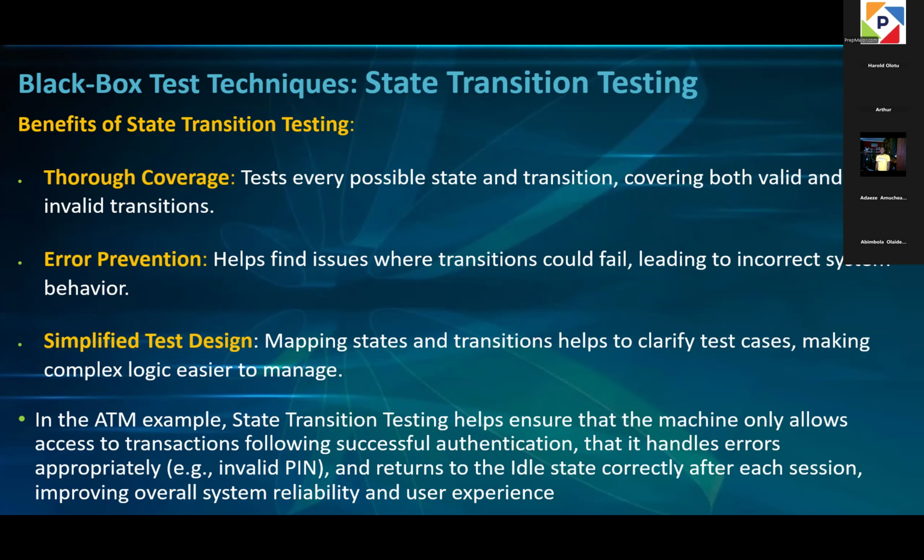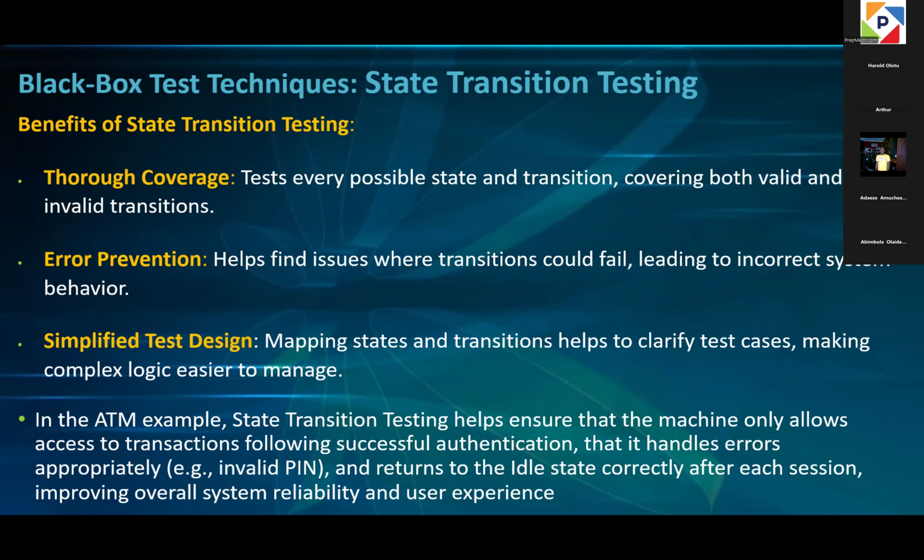Okay, so the benefit of state transition testing is that there's thorough coverage. You don't miss any of the states. Do you understand? There's thorough coverage. So test every possible state and transition, covering both valid and invalid transitions. Also, this testing technique prevents errors.